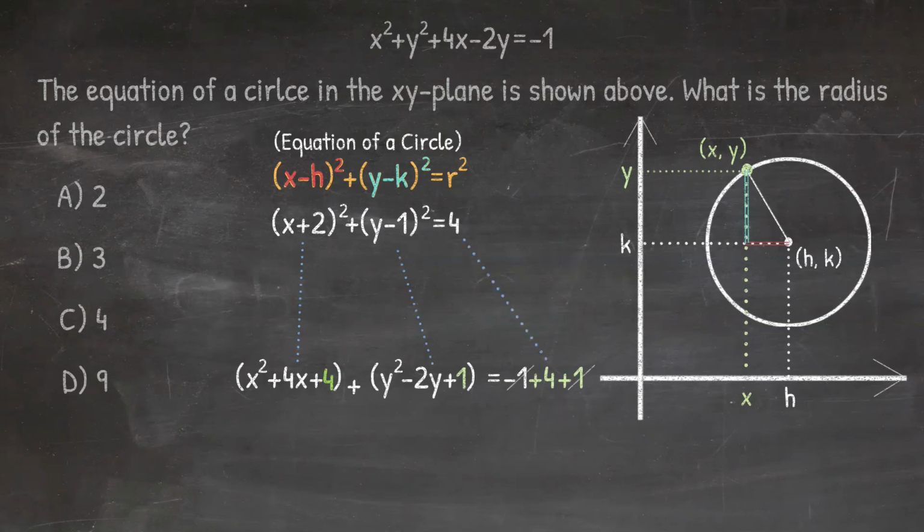We get 4. I hope you understand how we went from the x squared plus 4x plus 4 form to the squared form of (x plus 2) squared. And the same with the contents of the second bracket, y squared minus 2y plus 1, ended up being in the equivalent form of (y minus 1) squared.